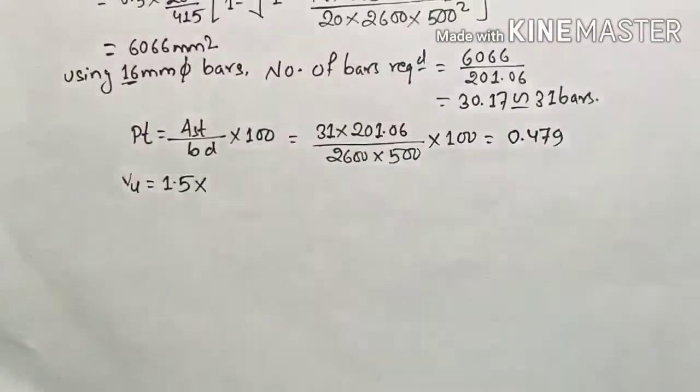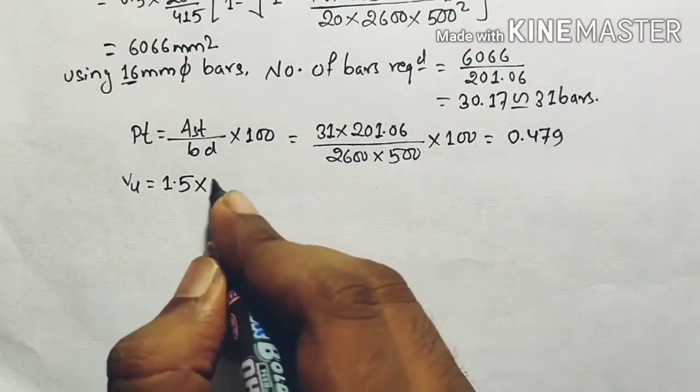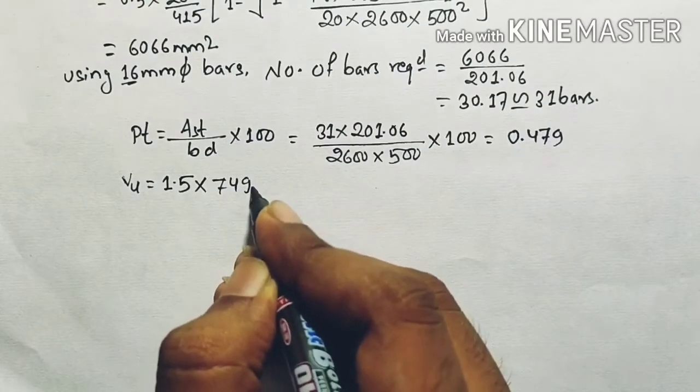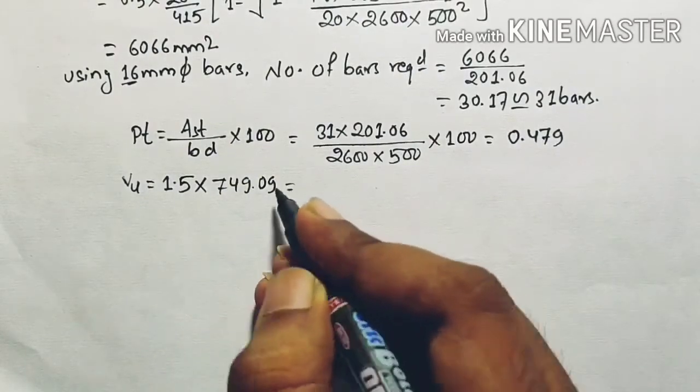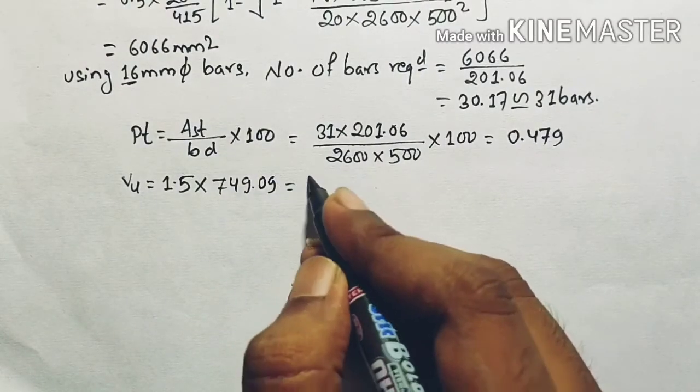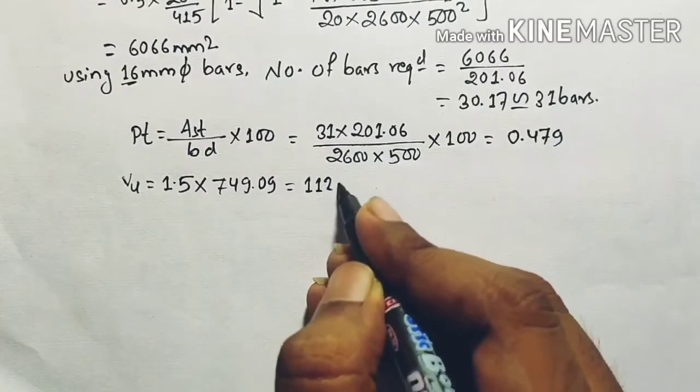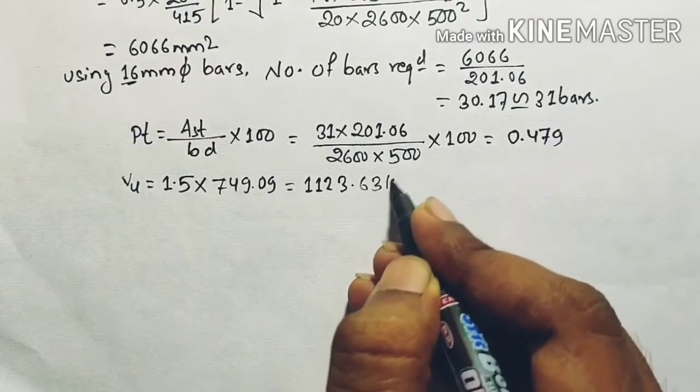So let us take Vu equals 749.09 and multiply it by 1.5, and we will get here 1123.63 kilonewton.